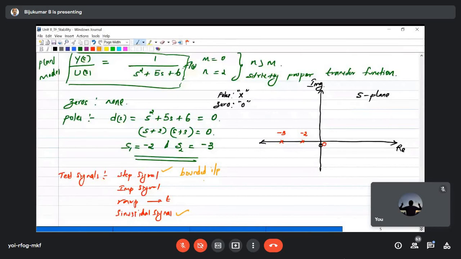If the input itself is not bounded, we don't need to give it. These two signals are unbounded inputs. So in order to check the stability, we don't need to consider the impulse signal and ramp signal. We only consider step as well as sinusoidal signals. The sinusoidal signal is also a bounded input signal.